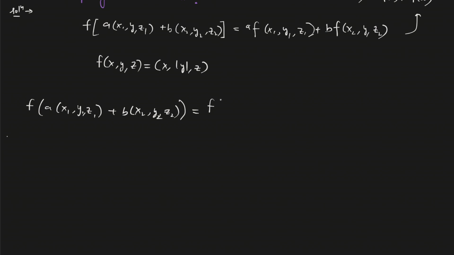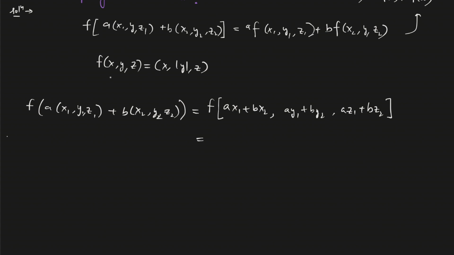We can basically expand the inner term. So this becomes ax1 plus bx2, ay1 plus by2, az1 plus bz2. I just expanded this. This is scalar vector multiplication, and after that I am doing vector addition. So I get this.